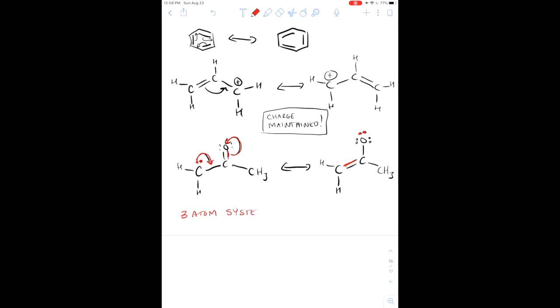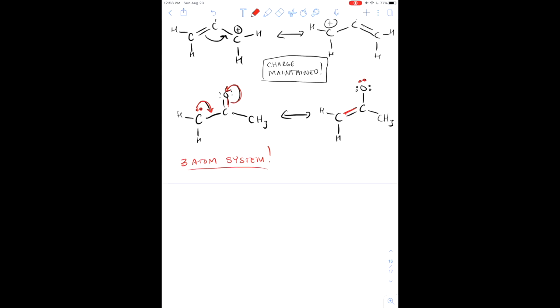Okay, so this is a 3-atom system, and this is very typical for resonance structures, especially with this C=O double bond. Those are super common for resonance structures, so become familiar and comfortable with that.